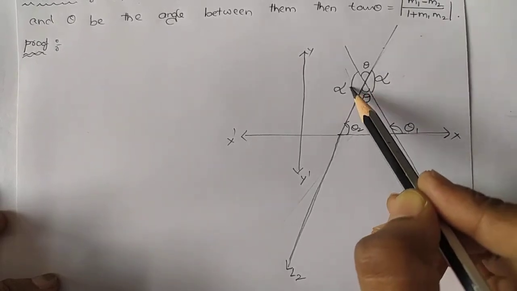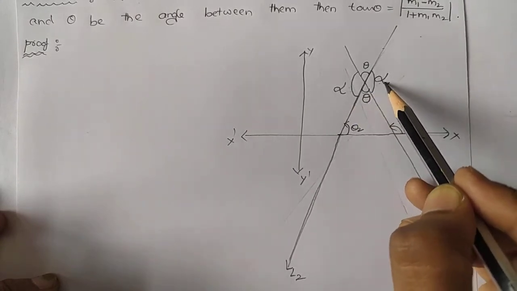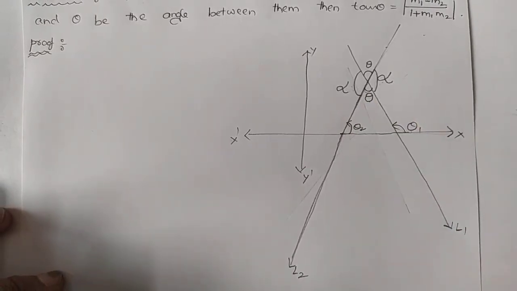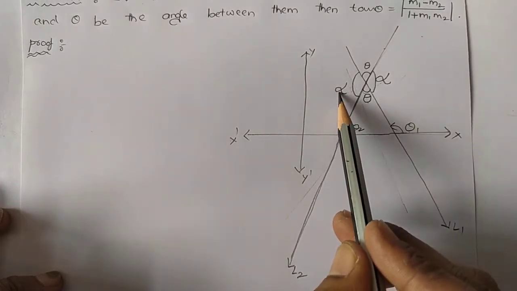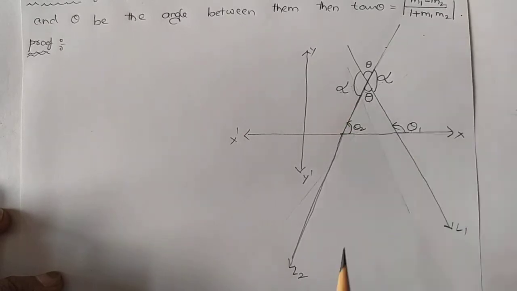Then these other angles will be different: this angle will be alpha, and this angle will be alpha. Now, in this theorem, we will have two cases: one is theta, the second one is alpha.